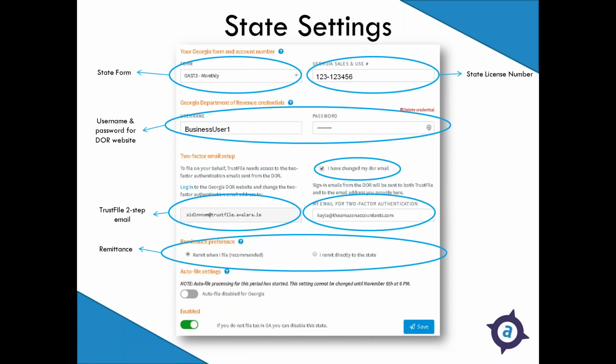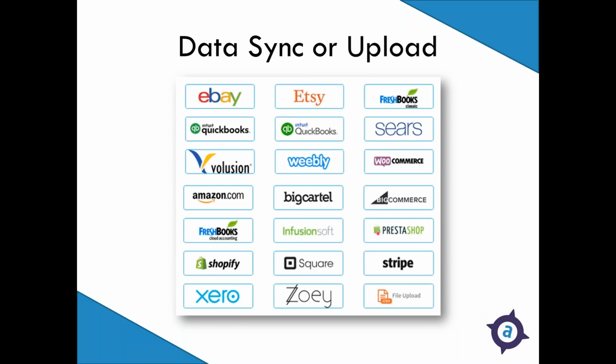And as I had mentioned before, TrustFile will remit the payment on your behalf if you want them to, but if you feel more comfortable remitting the payment on your own, you can have that option as well. Within the state settings, right below, you'll see it says remittance preference. We always remit when the return is filed. We just have Avalara draft the funds, which is actually drafted by the Department of Revenue.